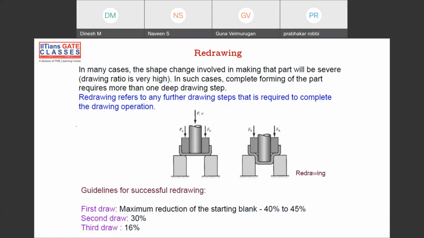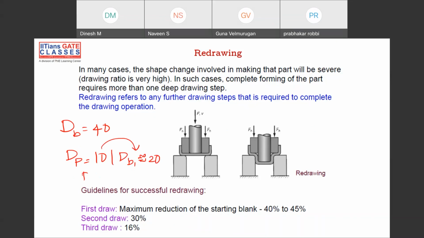In such situations, what you do is, if you want to make the diameter of blank 40 and the diameter of punch 10, initially you make an intermediate diameter dB1, which is approximately 20. This is the first draw.